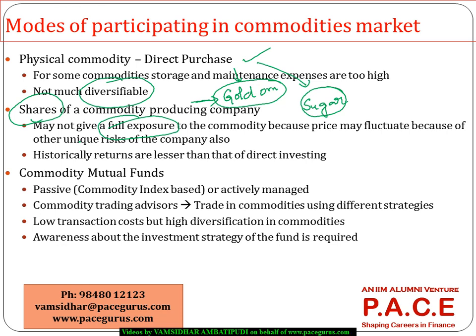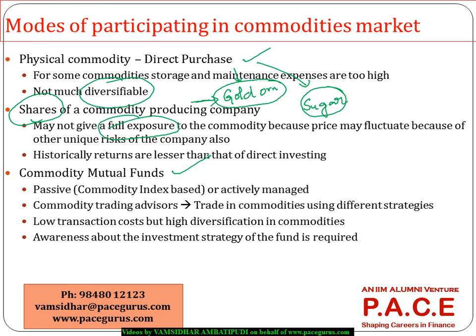And it is also found that historically the returns are very less for investing in stocks of the commodity companies rather than the direct investing in the commodities. So some disadvantages, whereas some advantages associated with that kind of an investment.